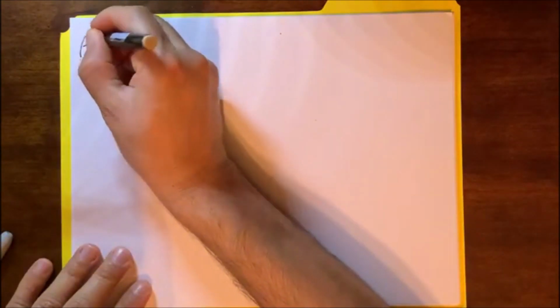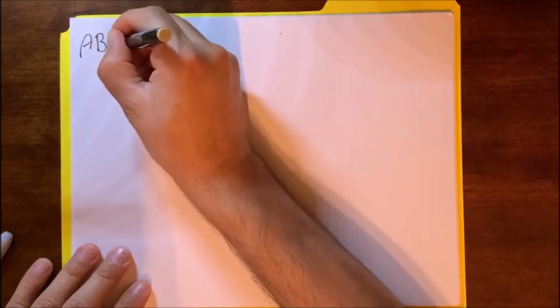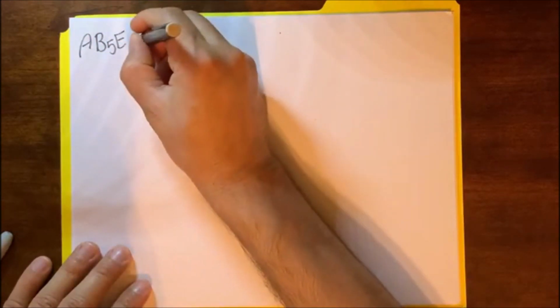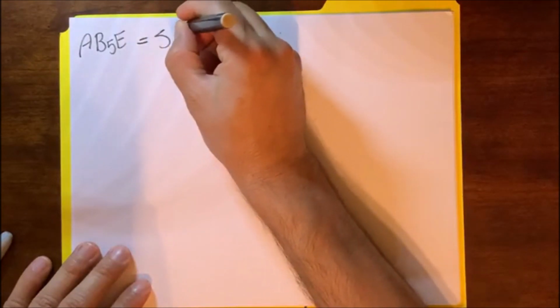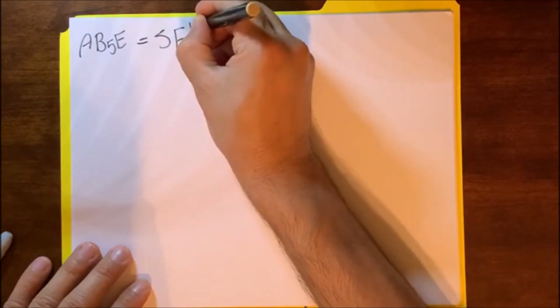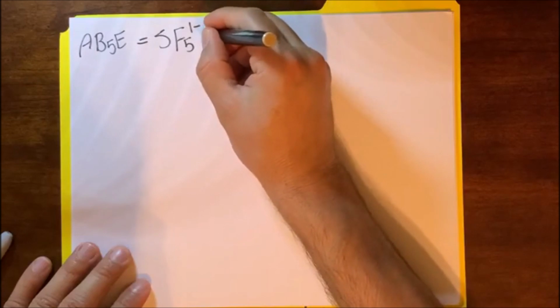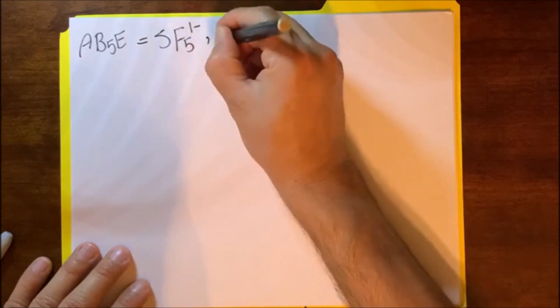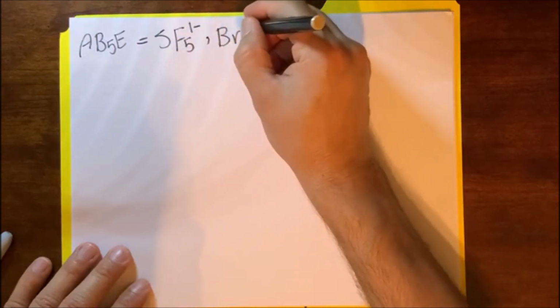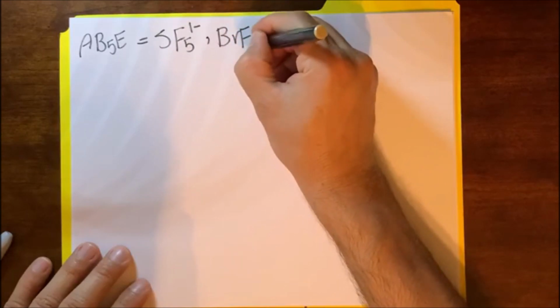Okay. Next one, I go with AB5, but I will add one lone pair to it, and I go with SF5 minus 1, or BrF5.